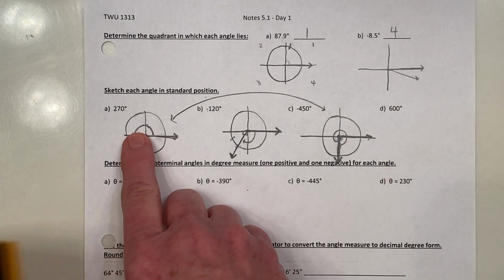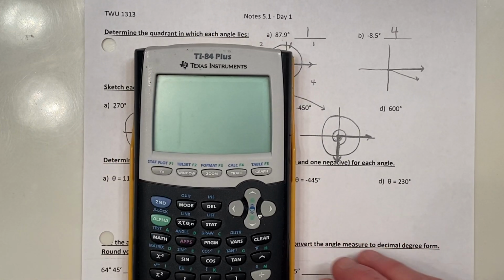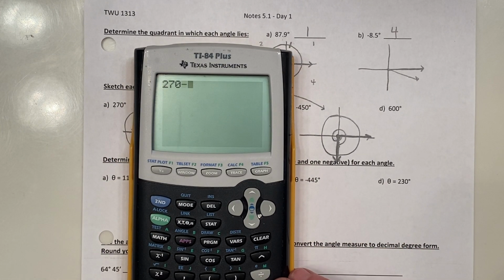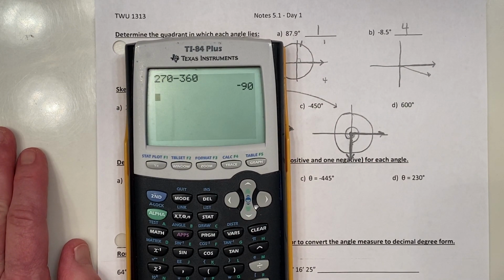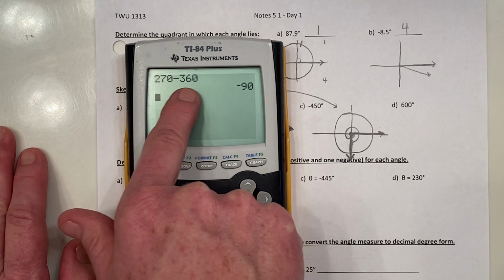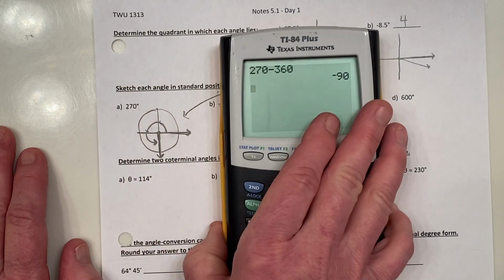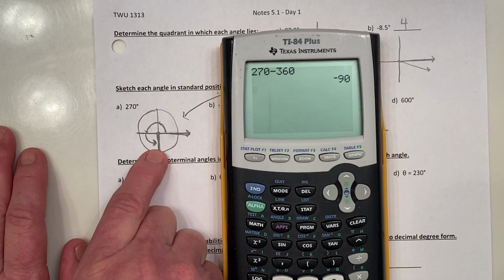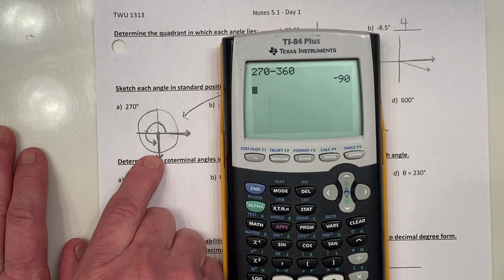Let's explore this relationship. If I looked at 270 degrees and I started subtracting 360 because I want a negative 450, the first time I subtracted 360, I'm going to get negative 90. So what that tells me is negative 90 degrees would also be another name for this angle right here that lands on the negative y-axis.